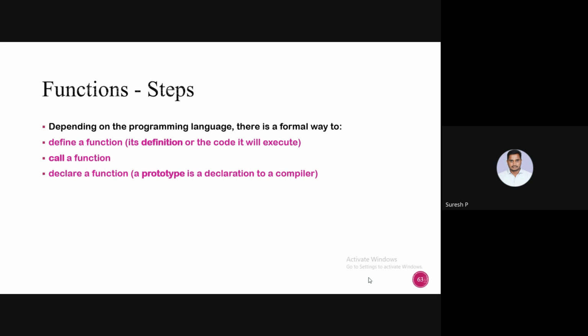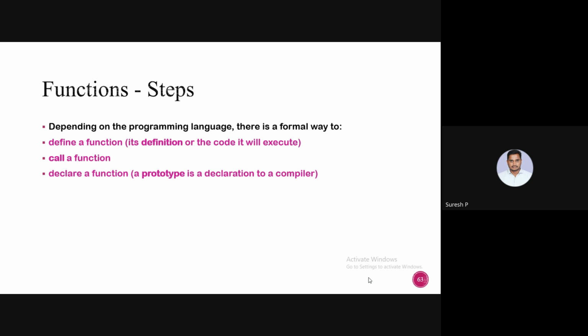The function definition is very, very important. It is mainly used to define the task that particular function will perform when it is invoked. For example, whenever a function is invoked, the statements given in the definition will be executed. So that is called function definition, or defining a function. This is one of the important tasks when we want to use the function concept.